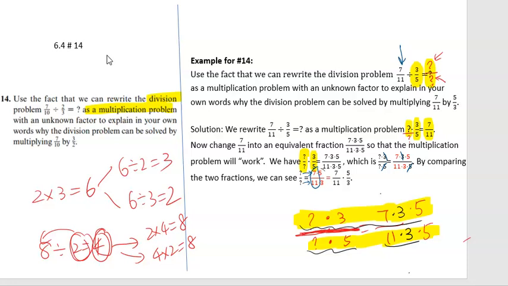And then 5/3 instead of 3/5. Notice that it was 3/5, but we changed it to 5/3. In the answer, we got 5/3. So that tells us this is what we call the reciprocal, or the inverse, 5/3. And that was the original number, 7/11.